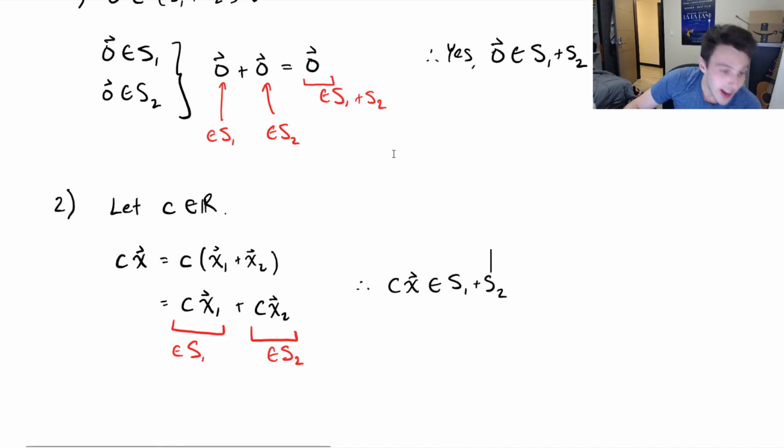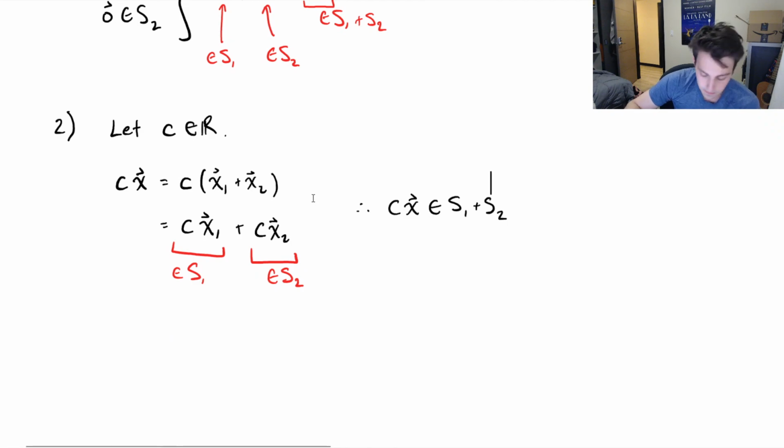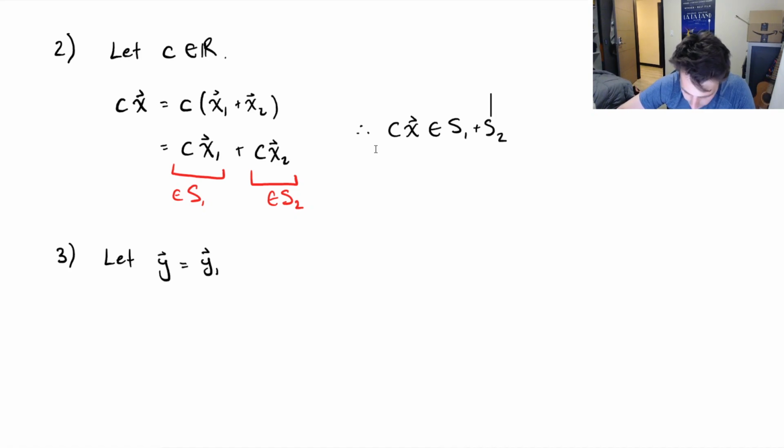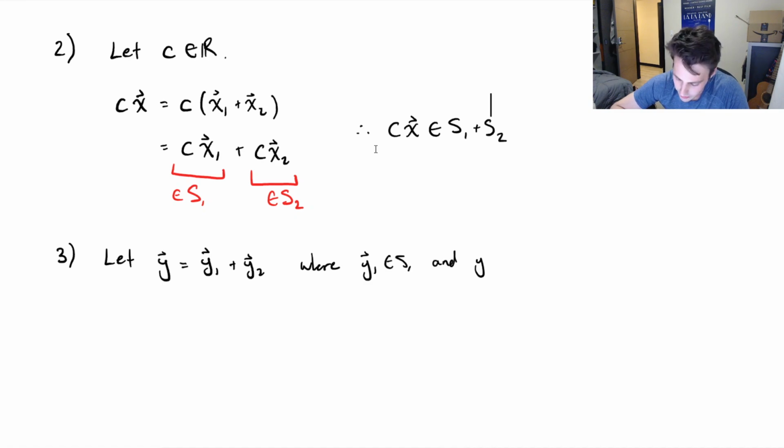Okay, and finally, last check. We need to see if the sum is closed under vector addition. So let's define a new vector. Let y be equal to y1 plus y2, where y1 is in S1 and y2 is in S2.